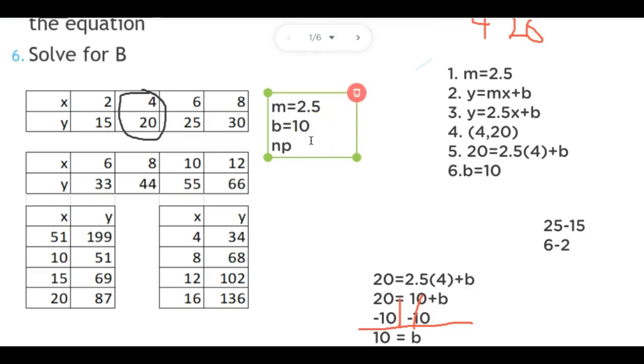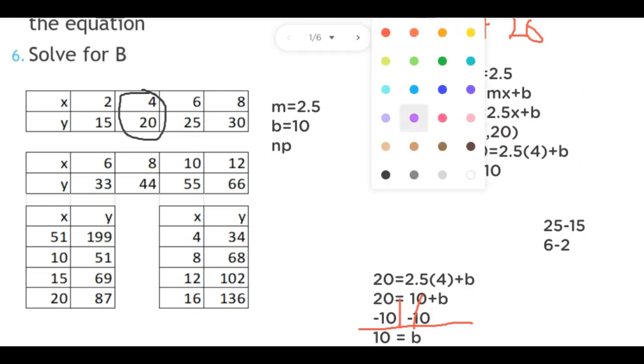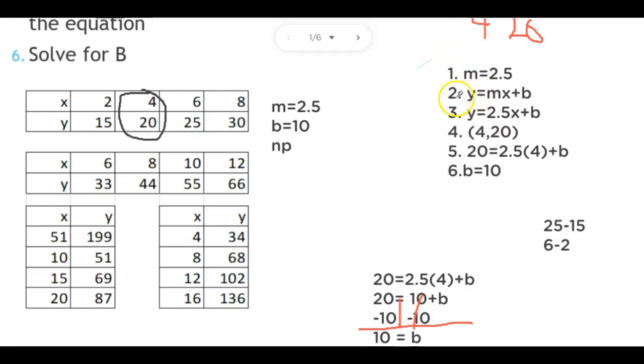Now, here's the last piece that I need you to do. You're going to take your m and your b and you're going to put it into slope-intercept equation. What does that look like? Remember, our slope-intercept equation was this. Okay?